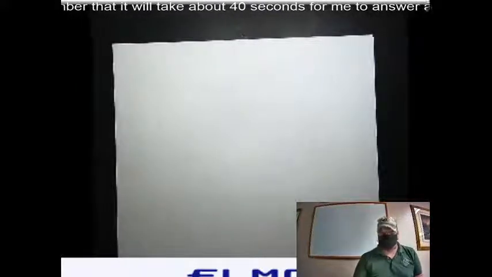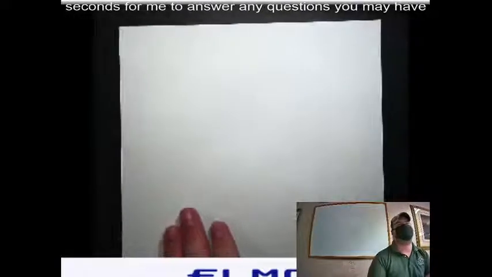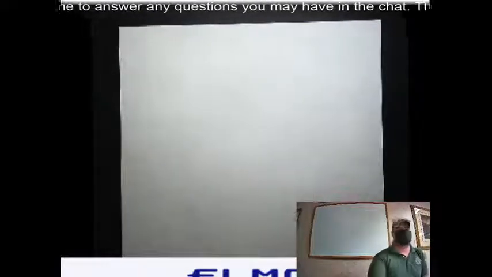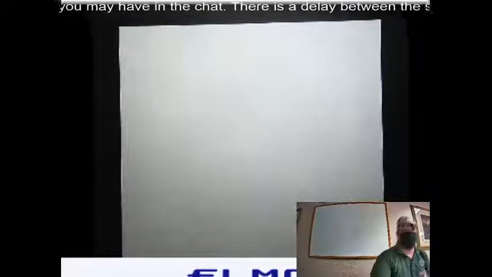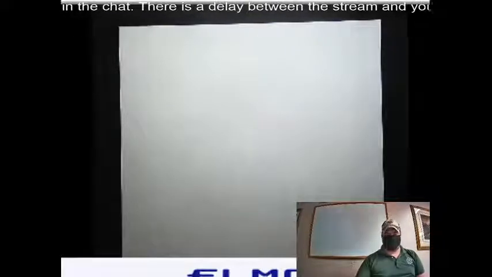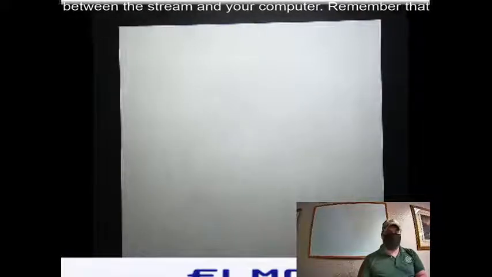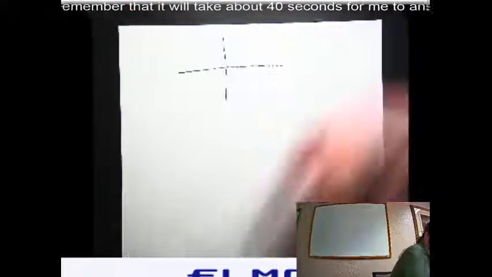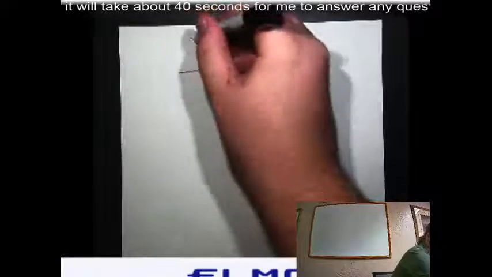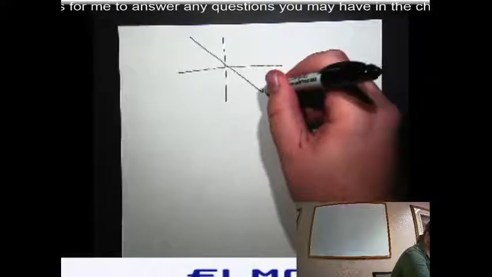So last time we were talking about equations, particularly linear equations, and how to tell the difference between a linear equation and a nonlinear equation. Now, one interesting thing about linear equations is that if we look at their graph, a linear equation will be this straight line, okay?